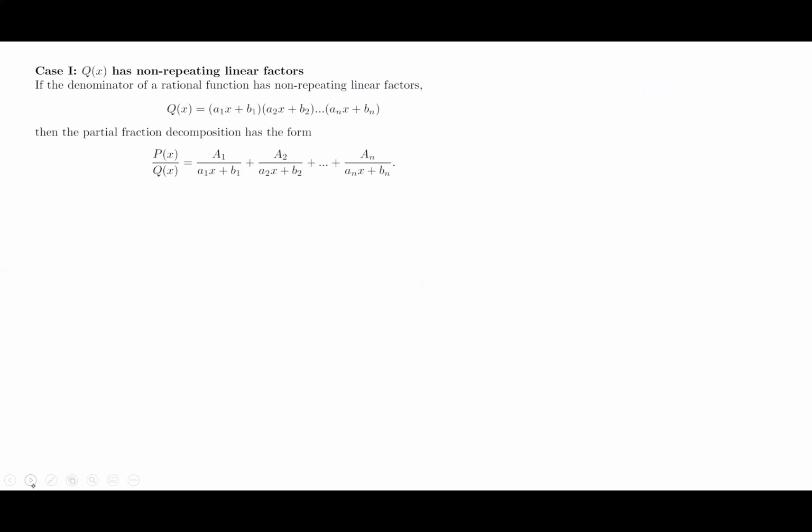All right, so here's our first case. When you factor the denominator, the factors are all linear and none of them repeat. If that's the case, then here is the partial fraction decomposition. These capital A's are all constants. And it should make sense, right?